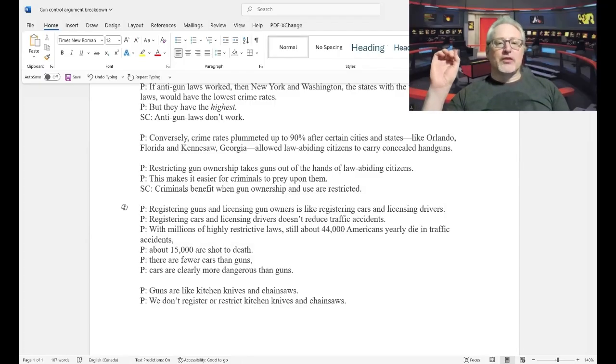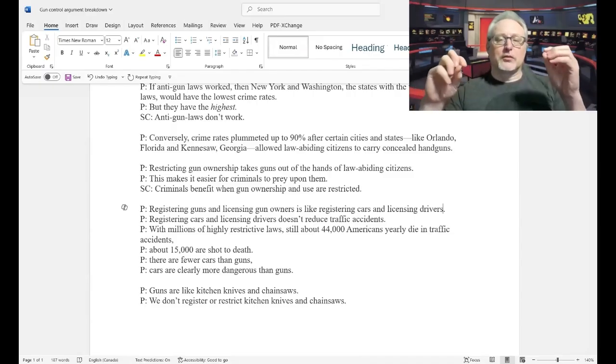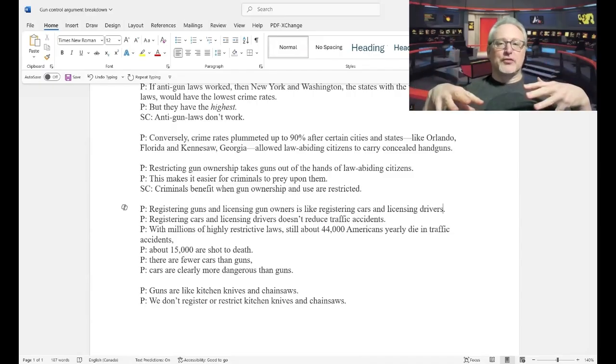Registering cars and licensing drivers doesn't reduce traffic accidents. So two things are being compared, guns and cars. Something is said to be true of one of the things: registering cars and licensing drivers doesn't reduce traffic accidents. Therefore, that is also true of the other thing.